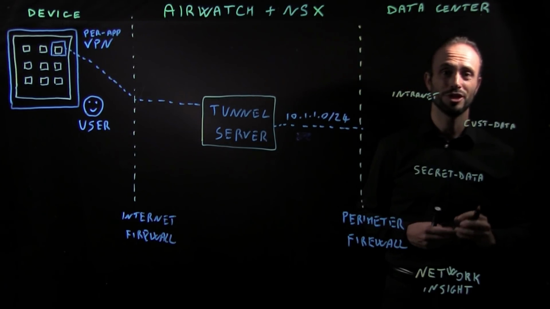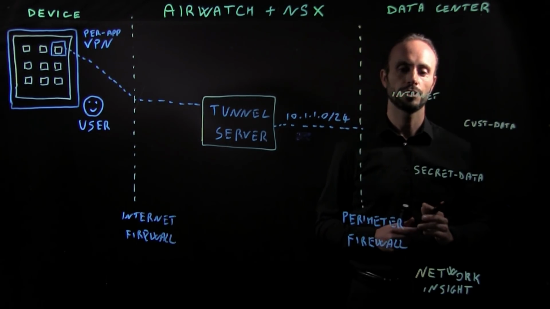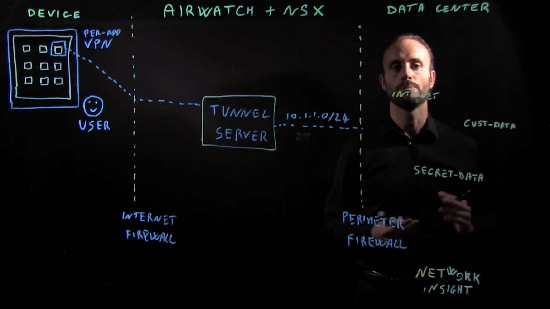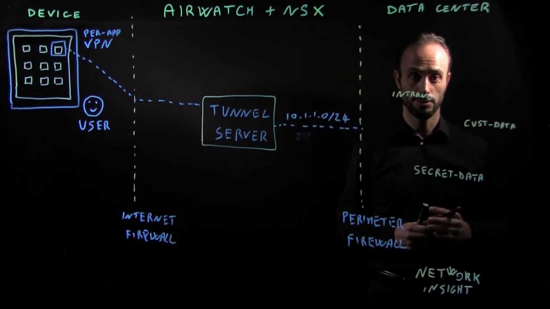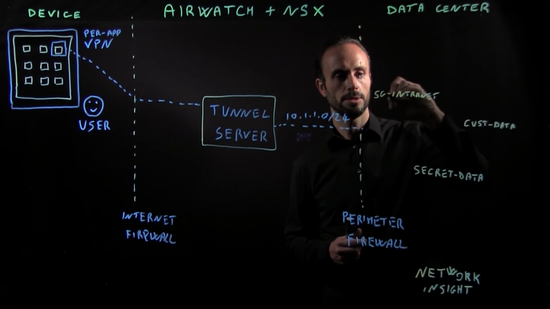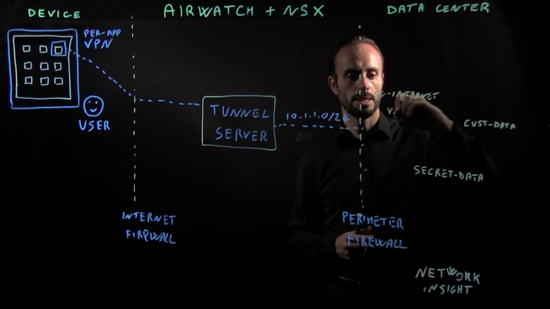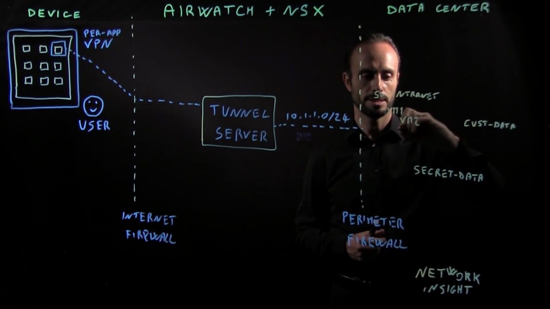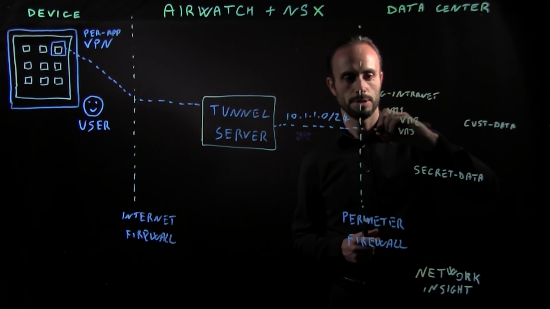The security group is just a set of virtual machines that are grouped according to some common policies that will then apply to that specific group. So for example, we are going to create the security group intranet, and associate to it a given set of virtual machines.